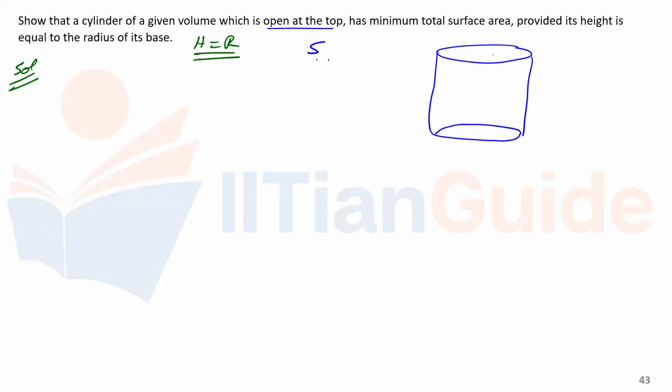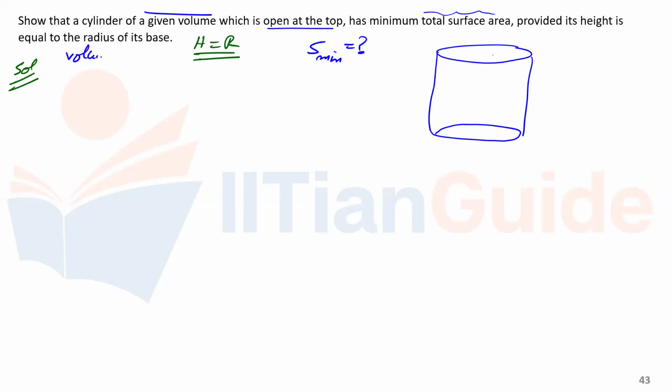That means we need to minimize the total surface area, that is the curved surface area plus the surface area of the bottom, provided its height is equal to the radius. Surface area is minimum, but height and radius both are equal. That we need to prove subject to the condition that volume is constant, of a given volume.